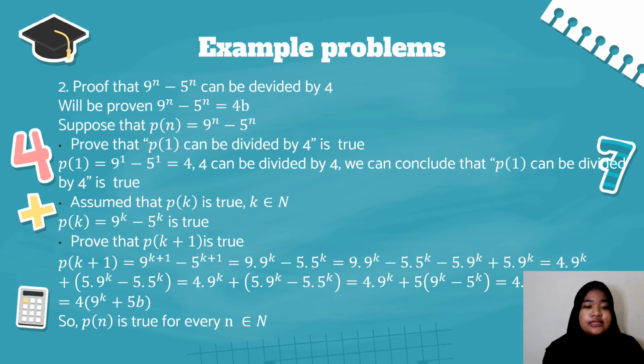From this form, 4 times 9 power k plus 5b, we can conclude that Pn is divisible by 4 for every n element of natural numbers.